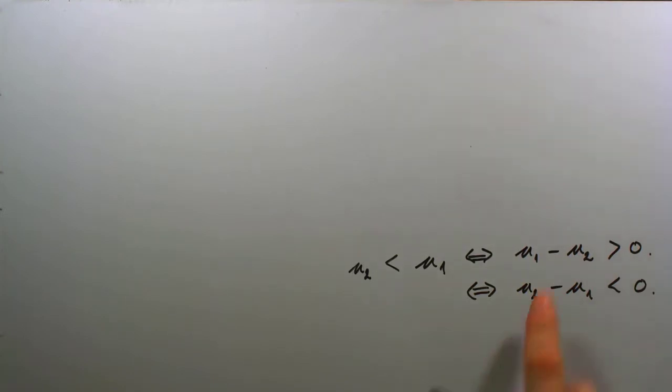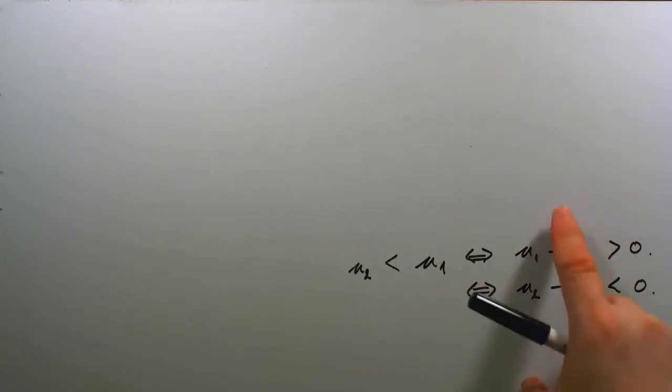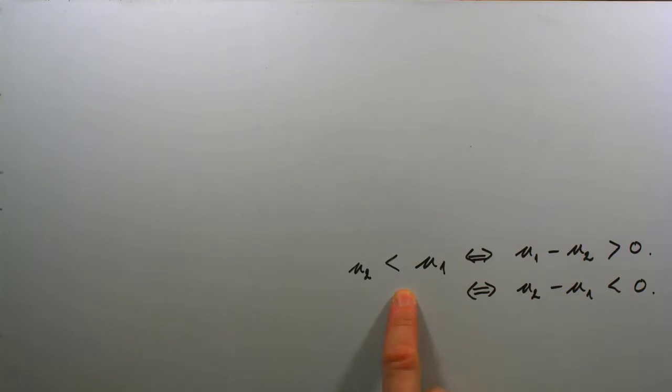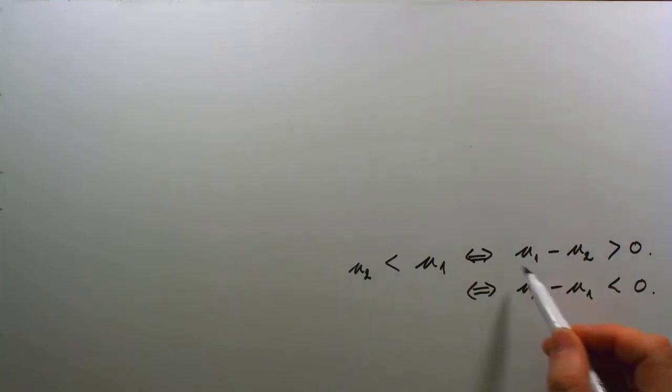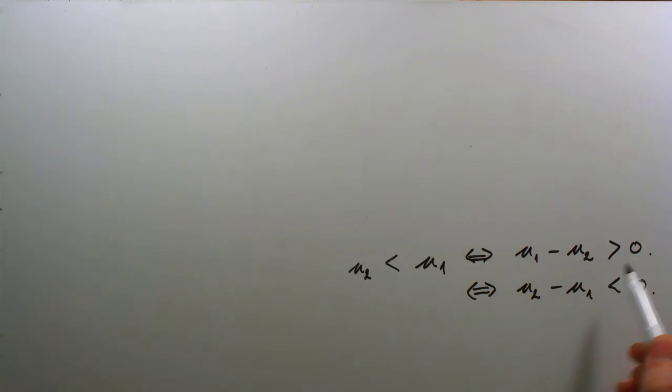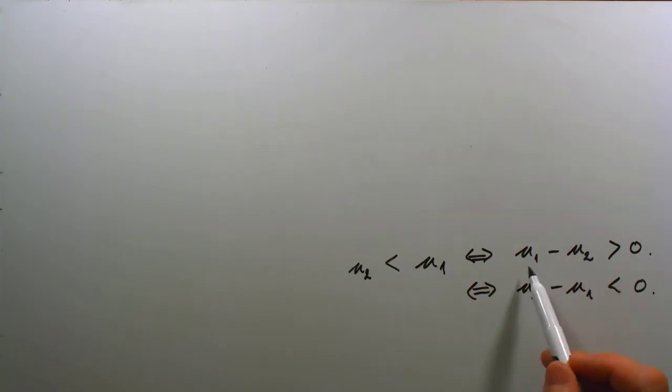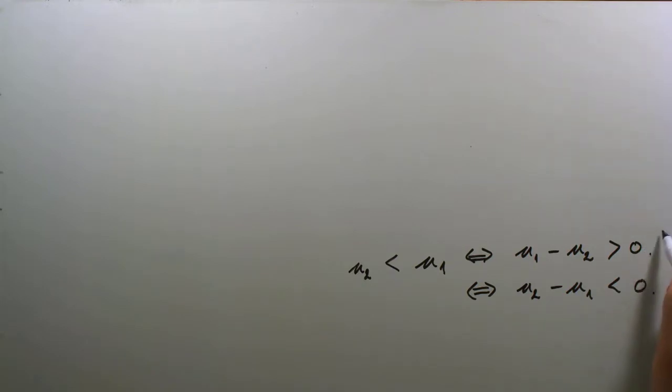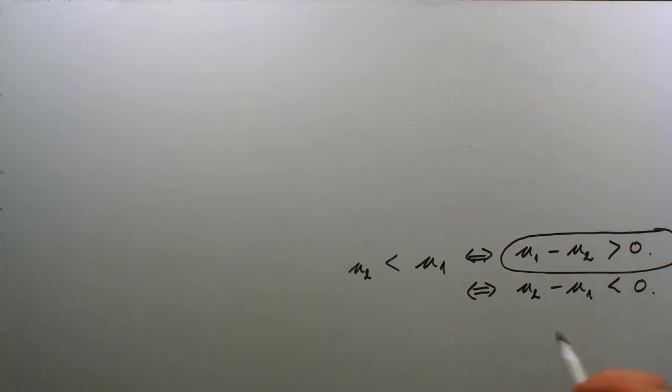So we have two equivalent algebraic re-expressions of this statement. And the purpose now, as explained in the general lecture, is that we want to rewrite any comparison statement as an inequality statement that involves a comparison between a difference and 0. And then we will choose this form right here because we have already agreed that D, the difference, is defined as mu 1 minus mu 2.